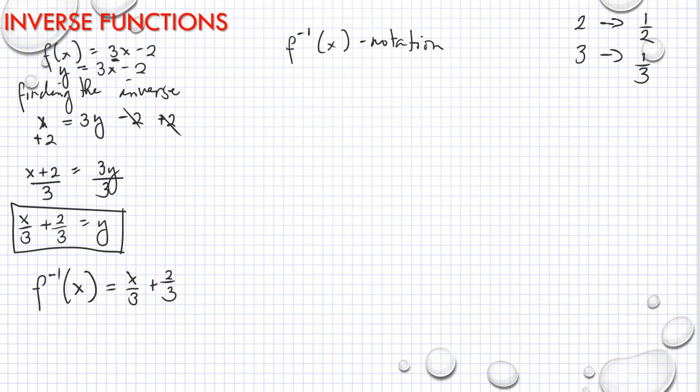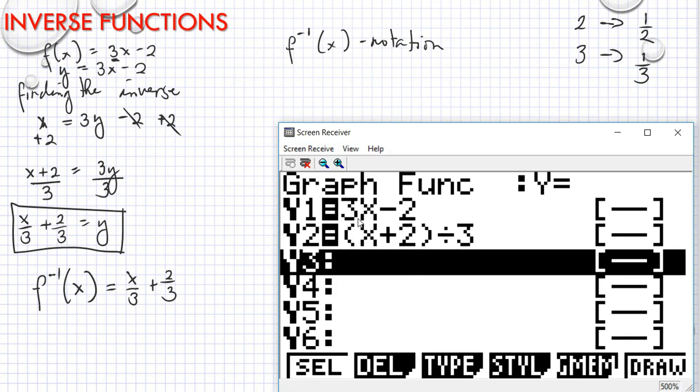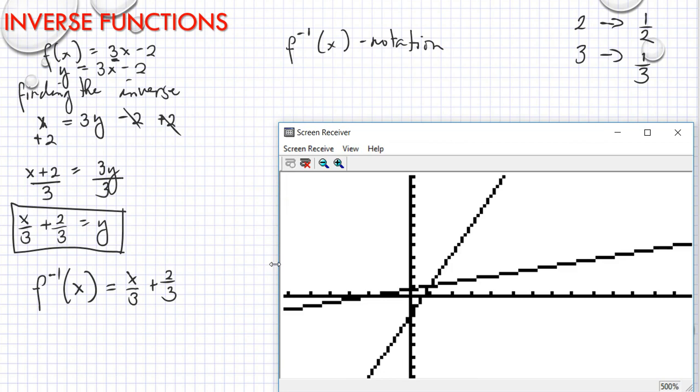One way to check, if you have a graphing calculator, is to put in 3x minus 2 and then x plus 2, actually you can group them together, divided by 3. If you draw these functions, then you can see that they are reflections of each other.